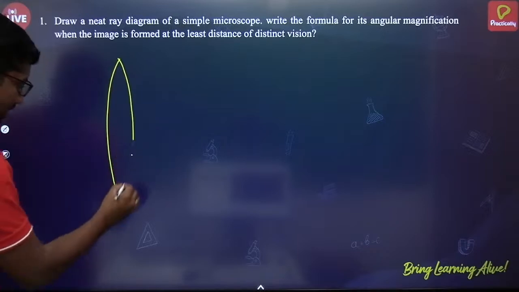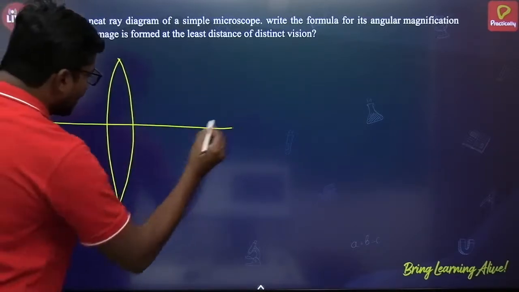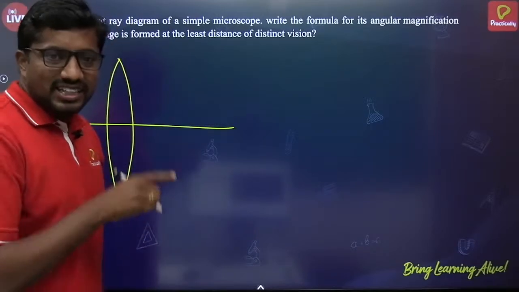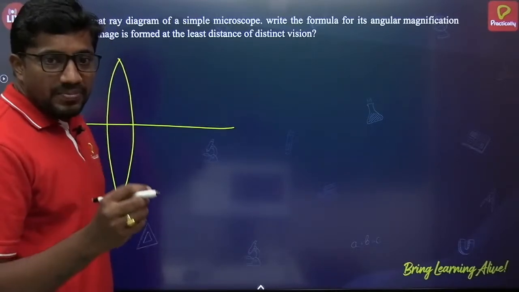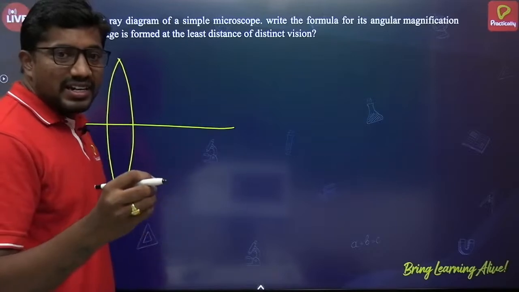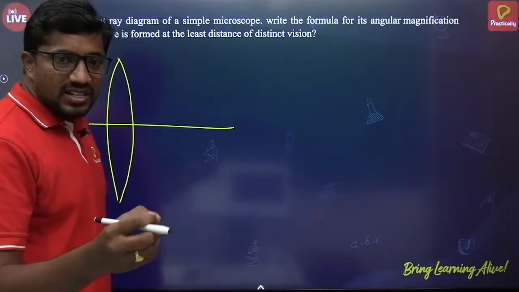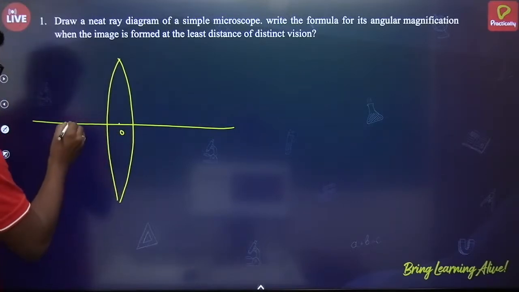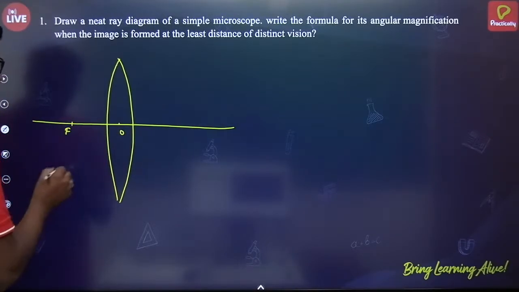As I said, this is the convex lens. A convex lens will act as a magnifying glass, that's nothing but a simple microscope, when an object is placed between its focus and optic center. I am taking the optic center over here, and let this be the focus of the convex lens.